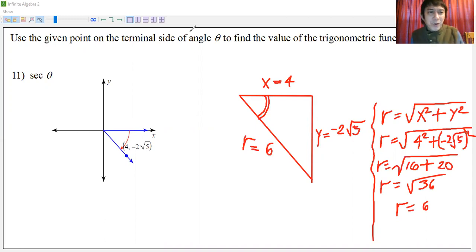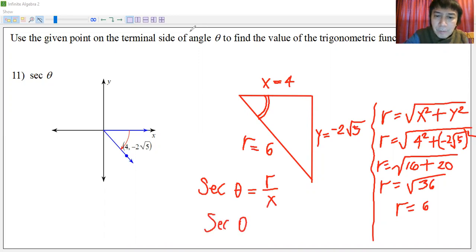So we're after secant of theta, and secant will have the formula r over x, hypotenuse over adjacent. Now we have our r, which is 6, and our x is 4.